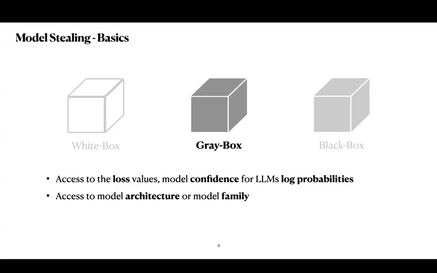In the case of large language models, you have access to the log probabilities for the next token prediction. In some kinds of gray box access, we can also assume that we know the model family and the architecture family of this model.